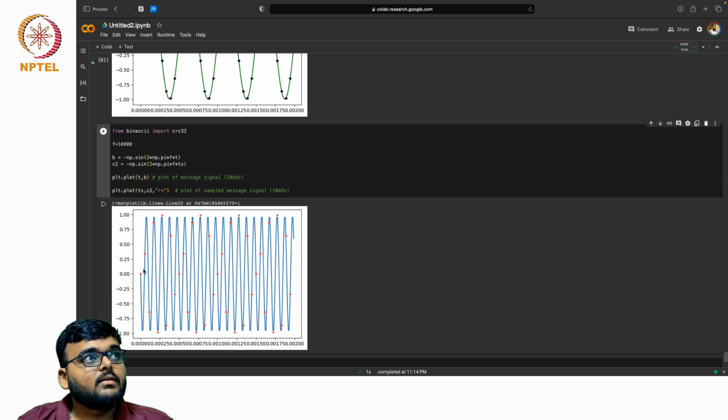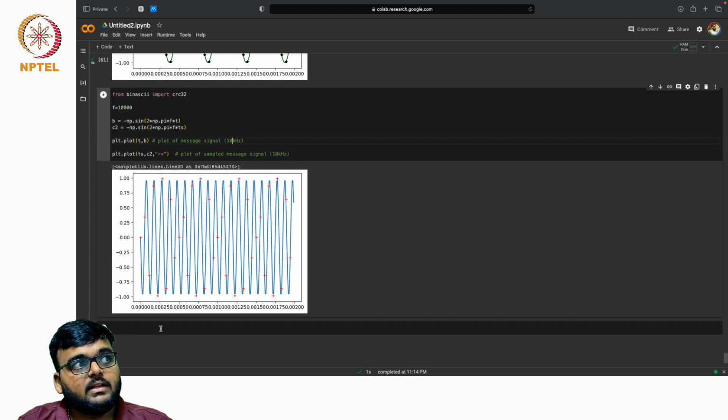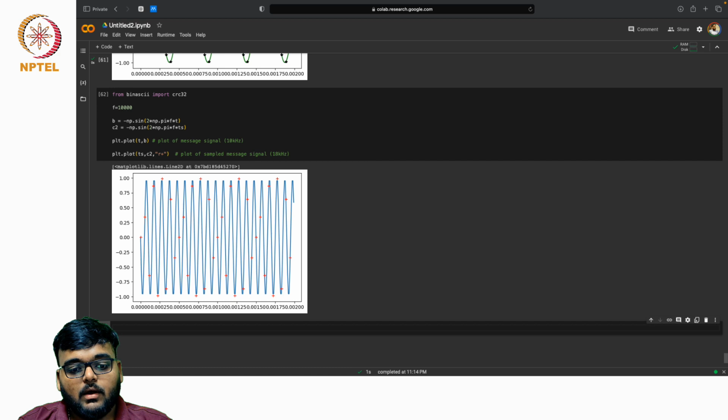So the sampling is happening at different frequencies relative to the signal, which you don't want. The sampling is kind of haphazard. So what does this mean actually? If we see the plots here, the sampling rate is much lower than the Nyquist rate.